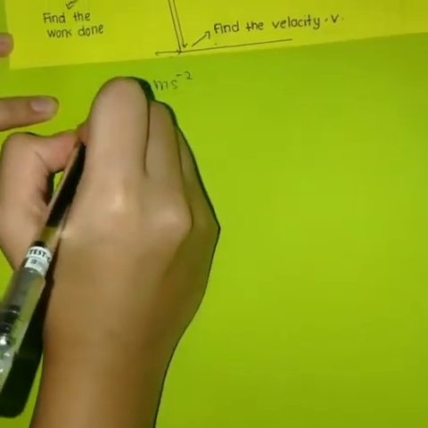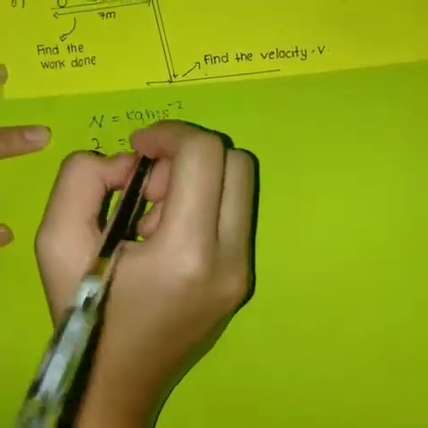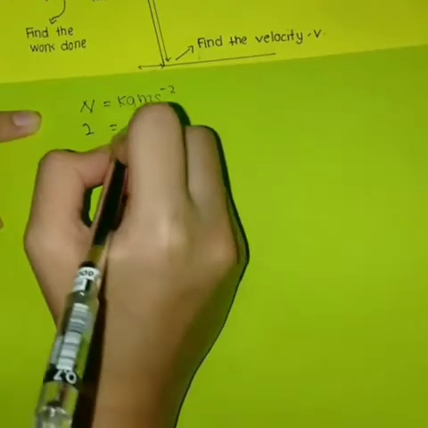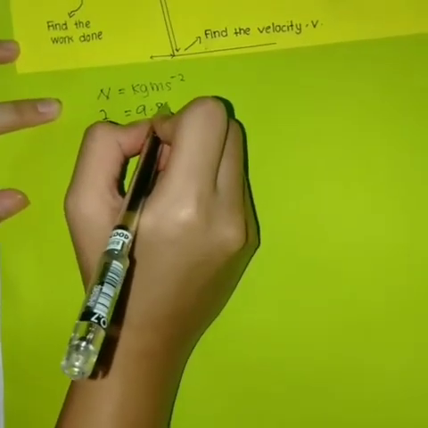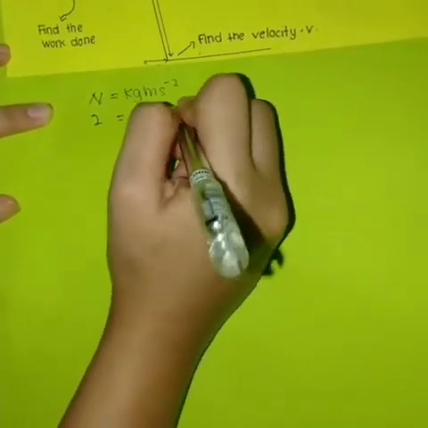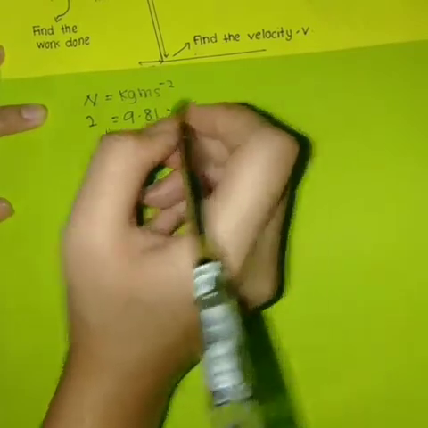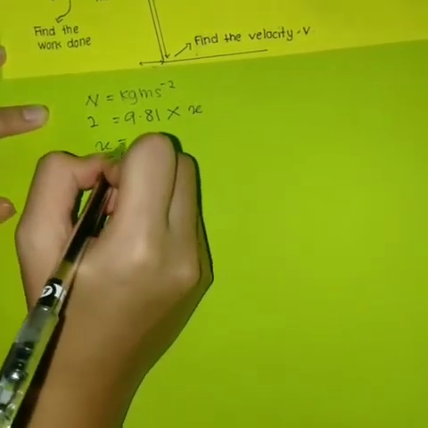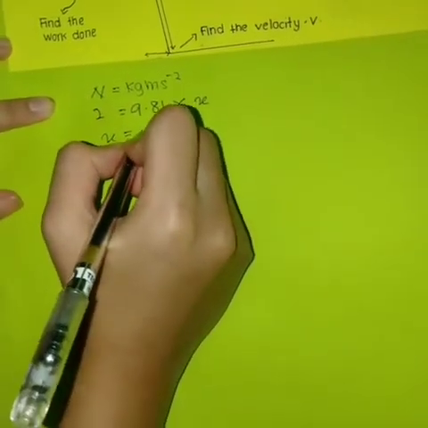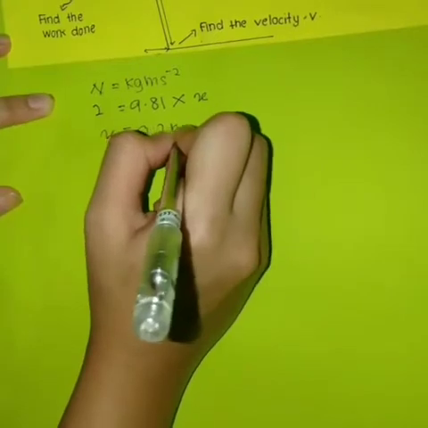So we get for N we get 2 cos 2 Newton and 9.81 times. So we use the unknown x, so we need to find x. So x equal to 0.2 kilogram.